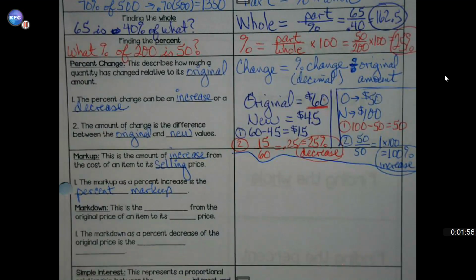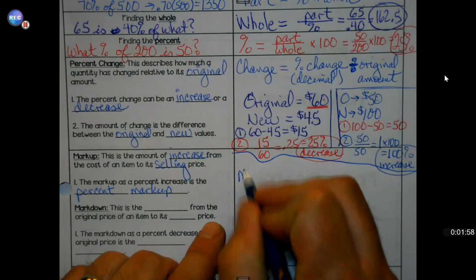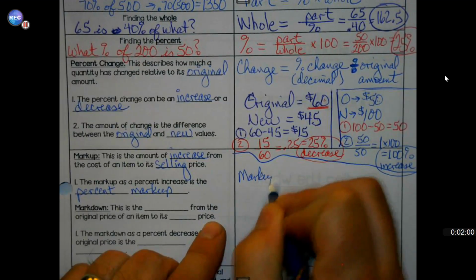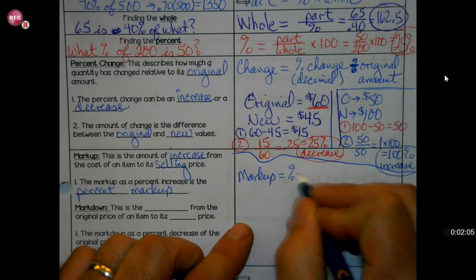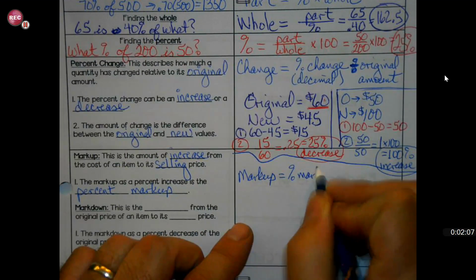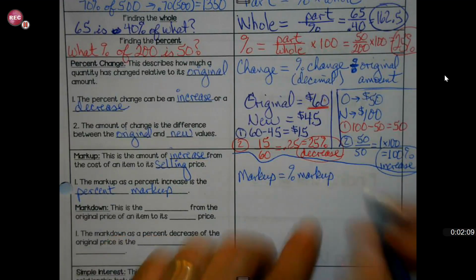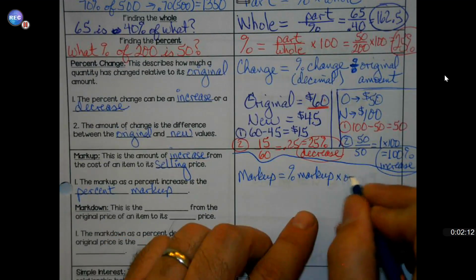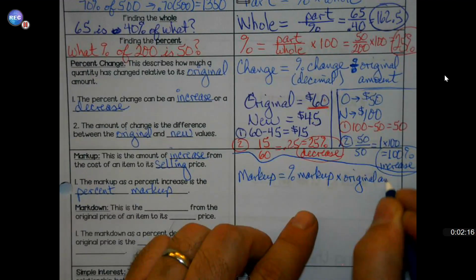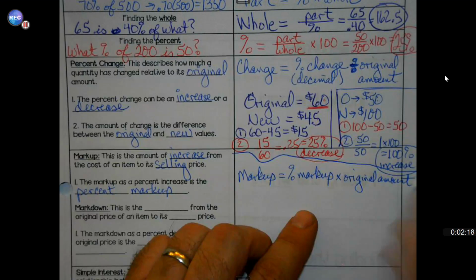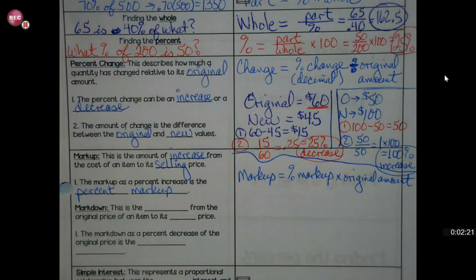So when we're doing markup, that is going to be the percentage of the markup times the original amount. So, for instance, and markdown will work the same way that we're doing this.